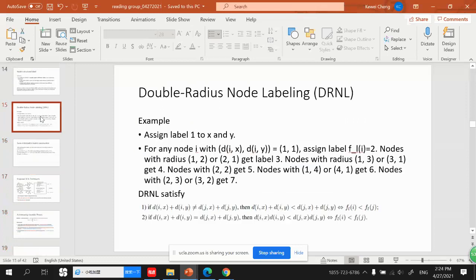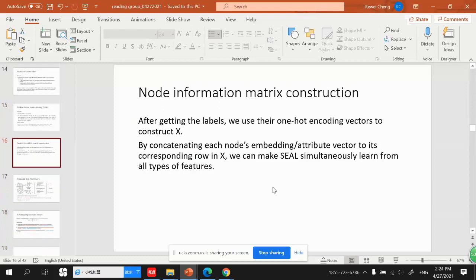That is how we can construct the node information matrix. And this node information matrix basically will include two parts. The first part is the one-hot encoding to represent the label of each node.